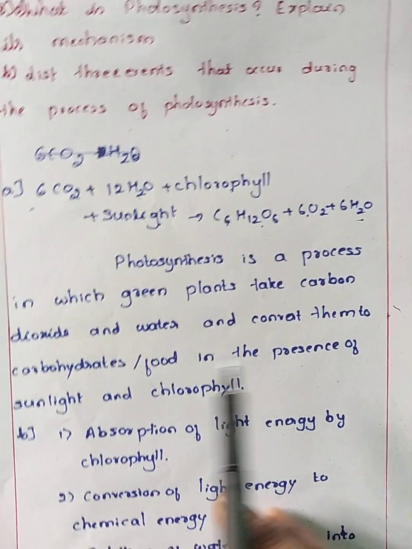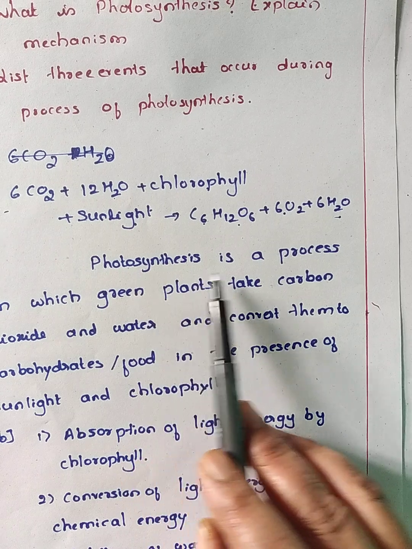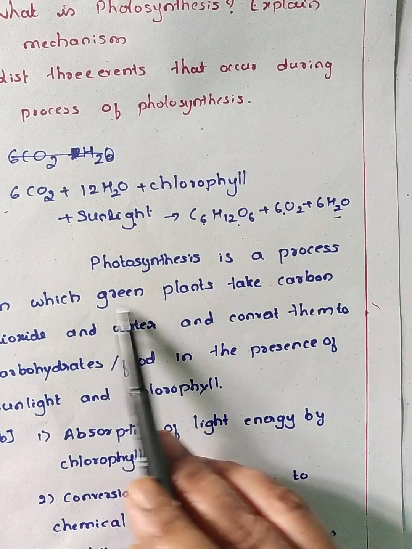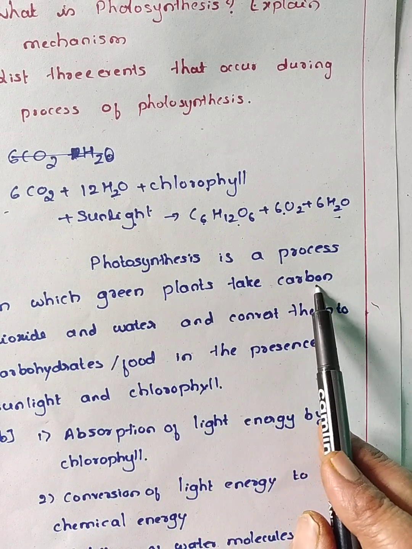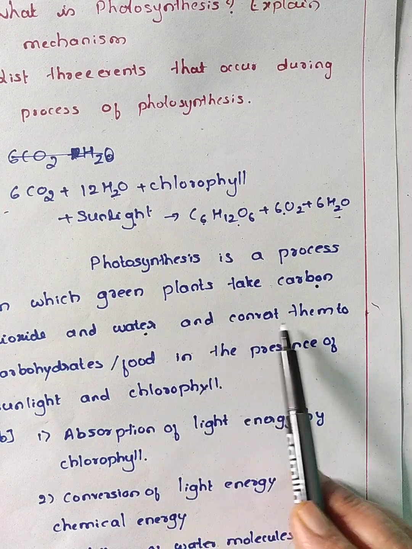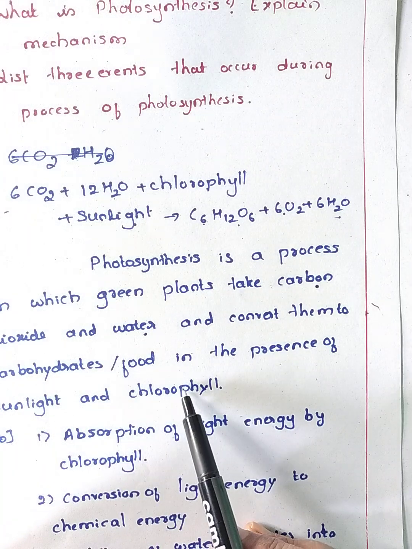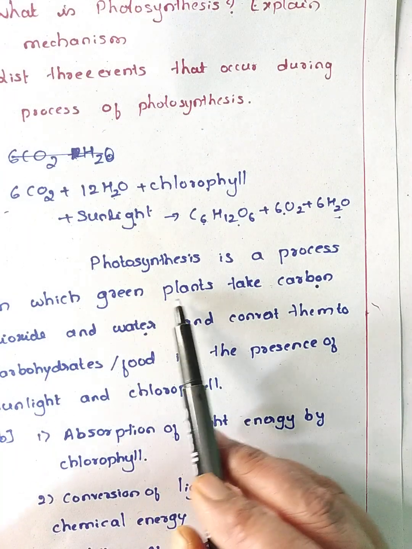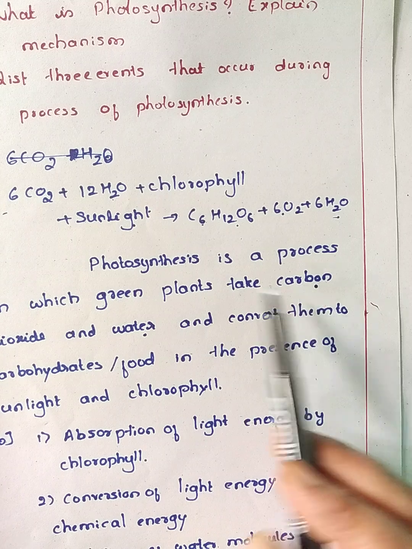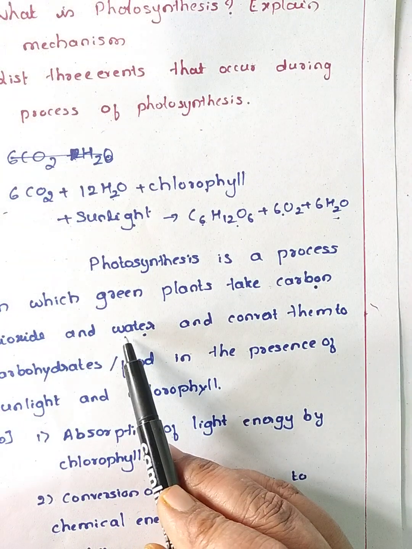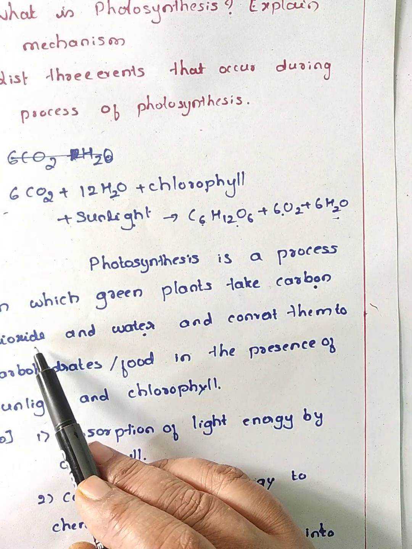So now let's see the definition. Photosynthesis is a process in which green plants take carbon dioxide and water and convert them into carbohydrates in the presence of sunlight and chlorophyll. So here green plants take water from the roots and carbon dioxide from the atmosphere.